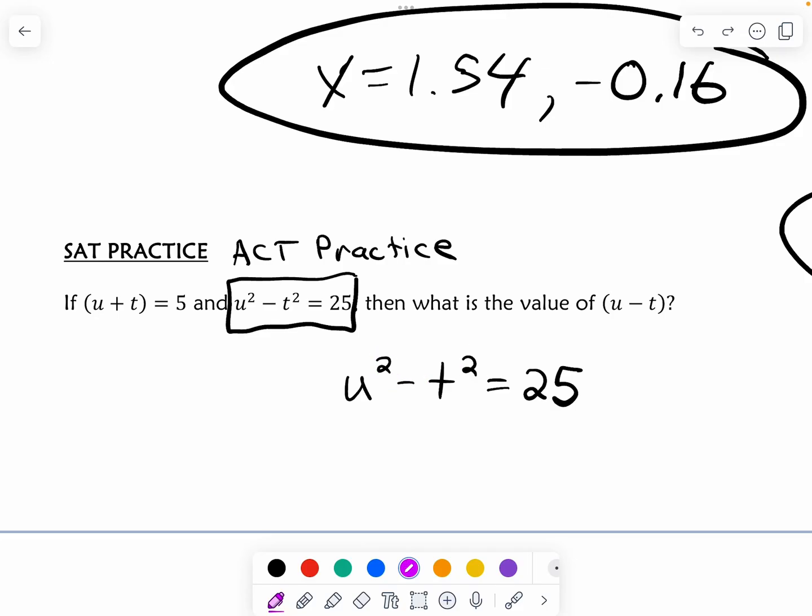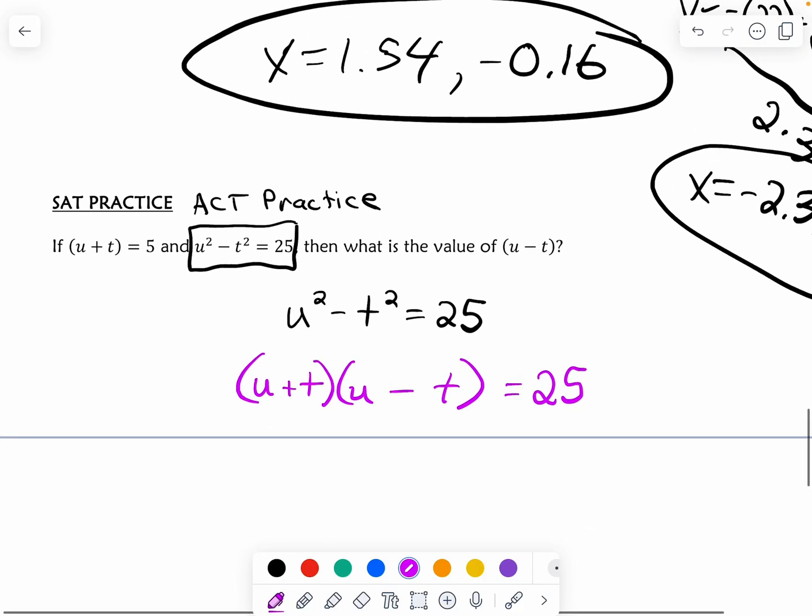We can still recognize this to be difference of two squares. And we can think about it the same way as before, using that concept of what times what is u squared, or what's the square root of u squared. It's u times u. What times what is t squared? Positive t minus t, and that equals 25.